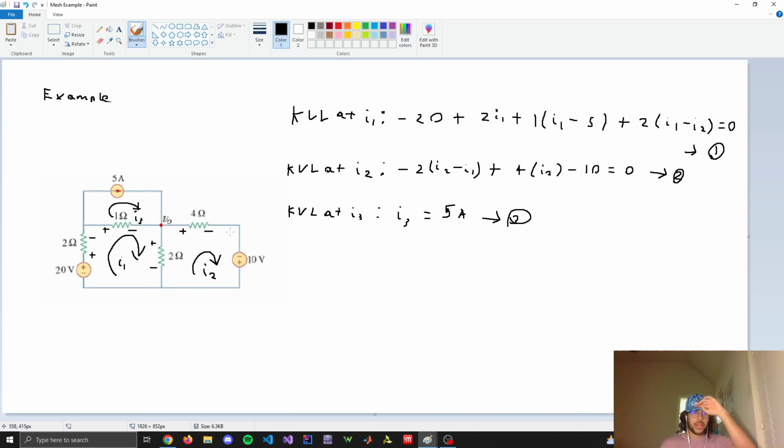And what you're going to do with I1 and I2 using mesh analysis is we notice that V0 is going to be I times R. So depending how you're looking at it, the current flowing in this branch is going to be (I1 minus I2) times 2.